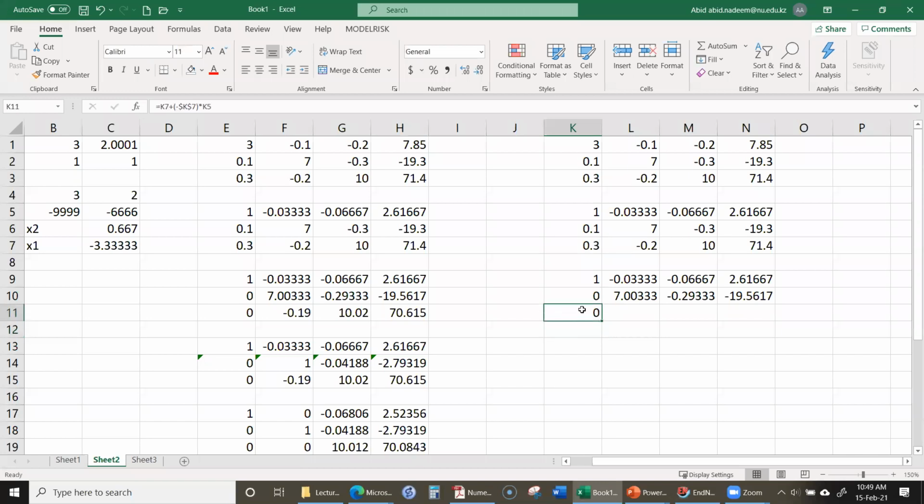That will make it 0. So it will be like that.